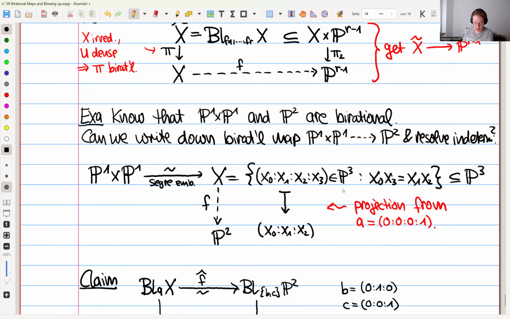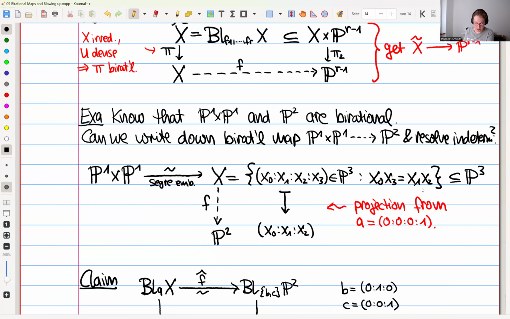So the Segre embedding lands inside P^3, and it records these four coordinates. And we saw that the image of the Segre embedding is a projective variety, and we wrote down some equations describing it. I think it was maybe an exercise that in this case, the equations boil down to a single quadratic equation, x_0 x_3 = x_1 x_2.